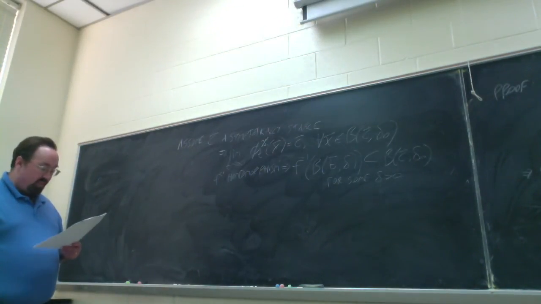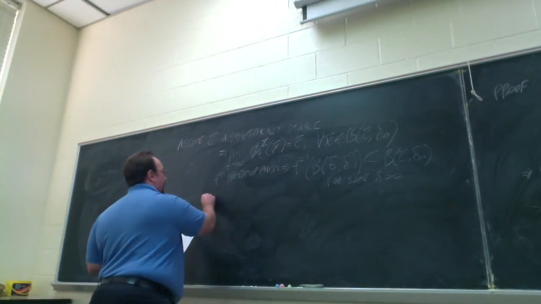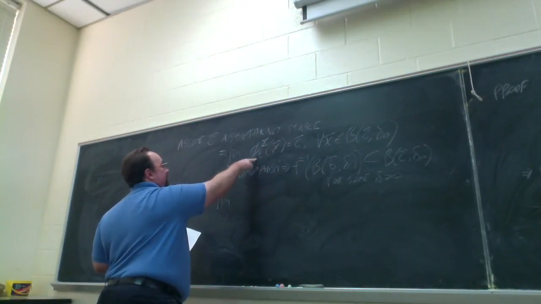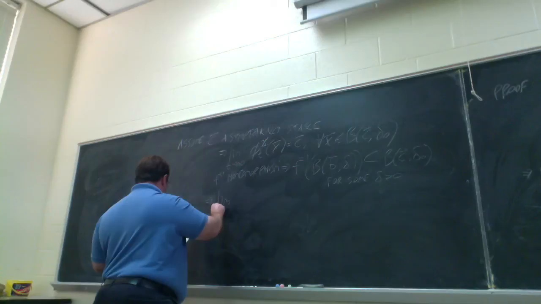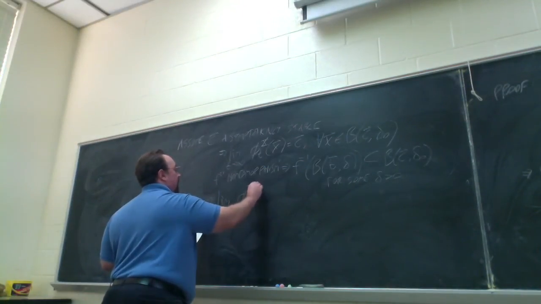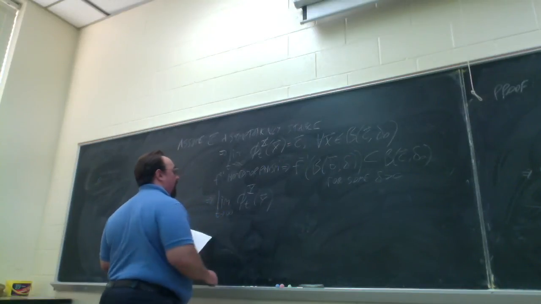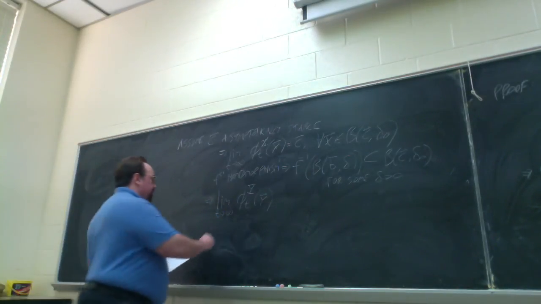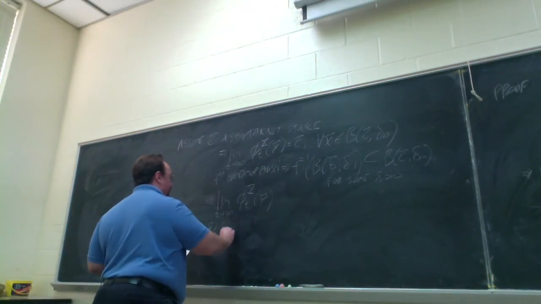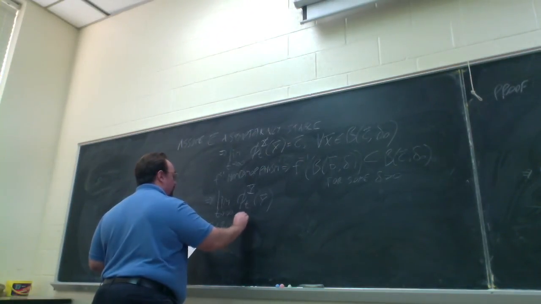Now I want to take this same limit, except the flow of y, of little y, and I'm going to assume that y belongs to a ball centered at B of radius delta.